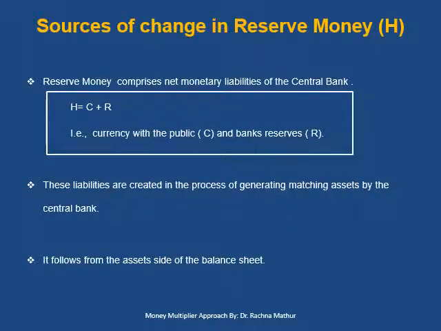Now let us focus on the sources of change in reserve money. Reserve money comprises the net monetary liability of the central bank. These liabilities are created in the process of generating matching assets by the central bank, and it follows from the asset side of the balance sheet.